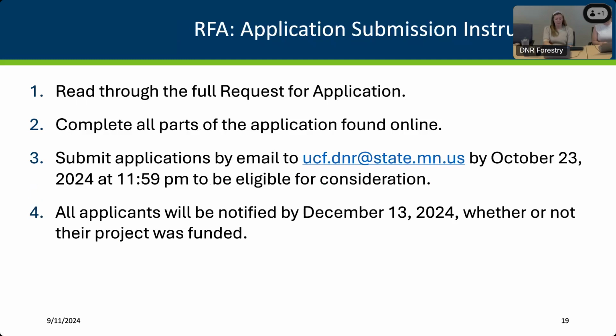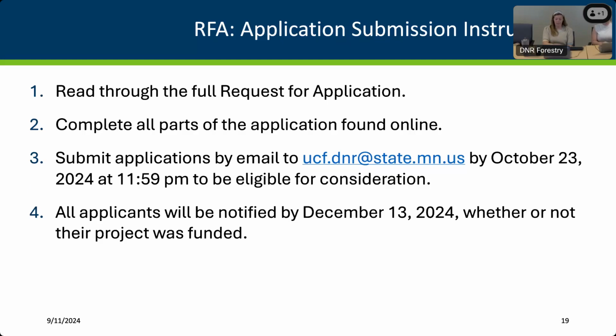So just to recap, this is how you should submit an application. First, after reading through the request for application, please complete all parts of the application found online. Grant applicants are required to submit applications to the email Maddie just listed for our Urban and Community Forestry program. They must be received electronically, so via email, by October 28, 2024, to be considered eligible for funding.